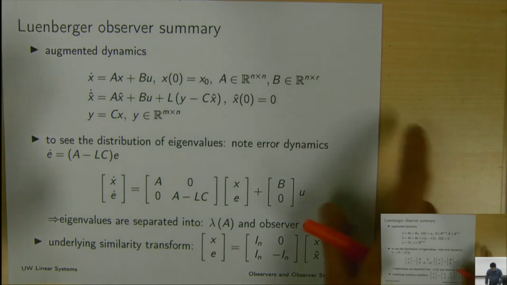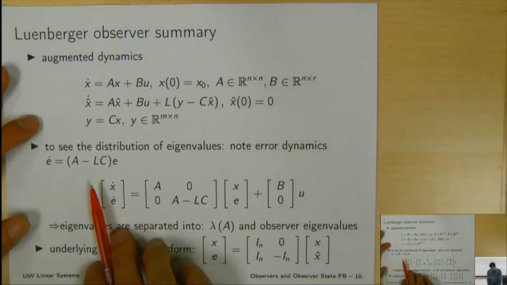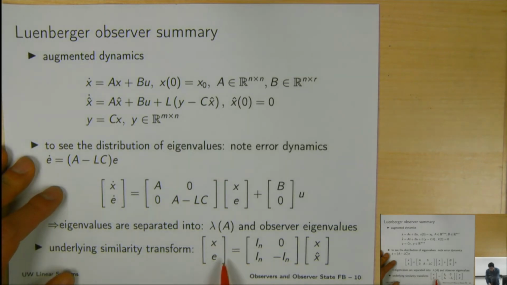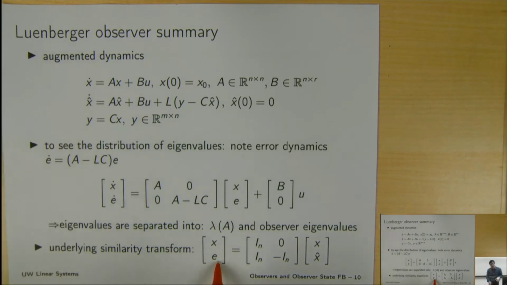Note that we can write the system in a different way. If you think from the perspective of the error, then we can treat the state space in this combination. So we can treat x and e as a set of new state.